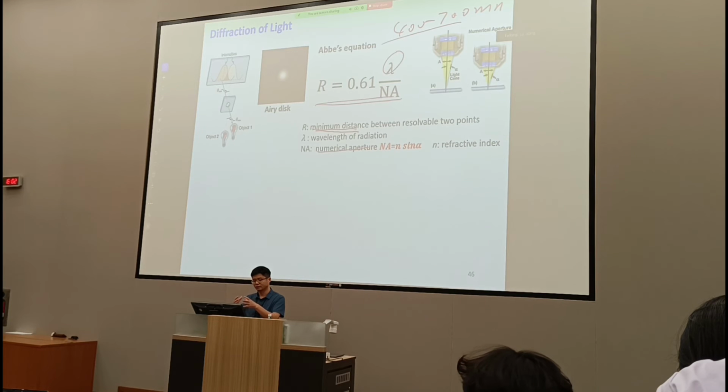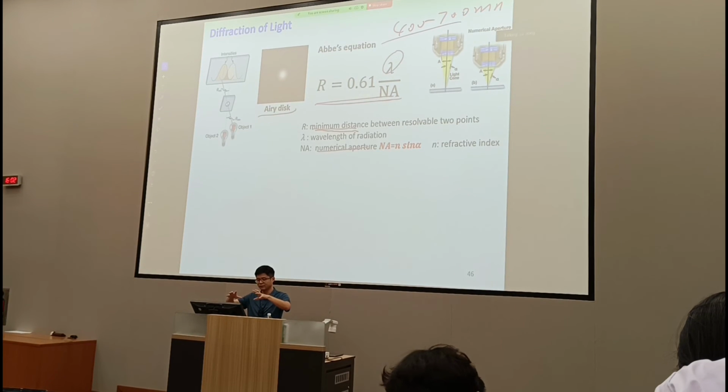After diffraction, it appears as an Airy disk, much broader. The center is bright, because of diffraction interference, it creates maximum intensity at the center. In the meantime, you have oscillations that gradually die down.